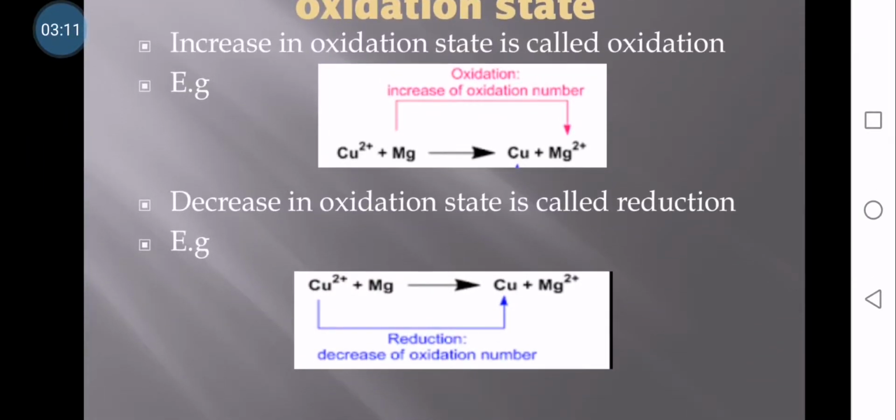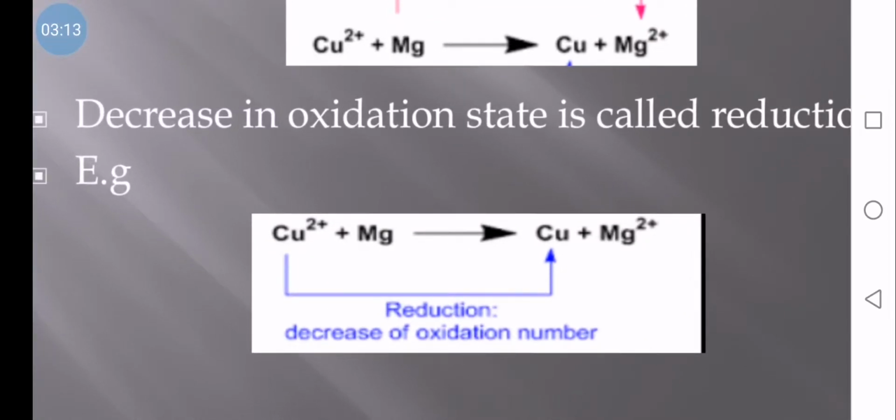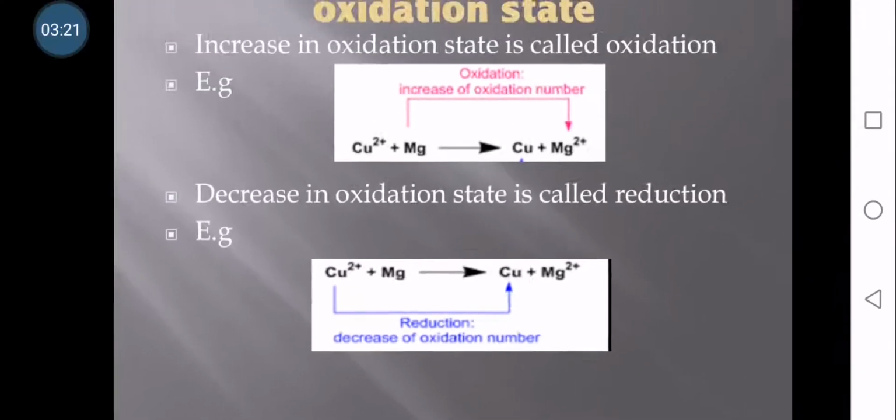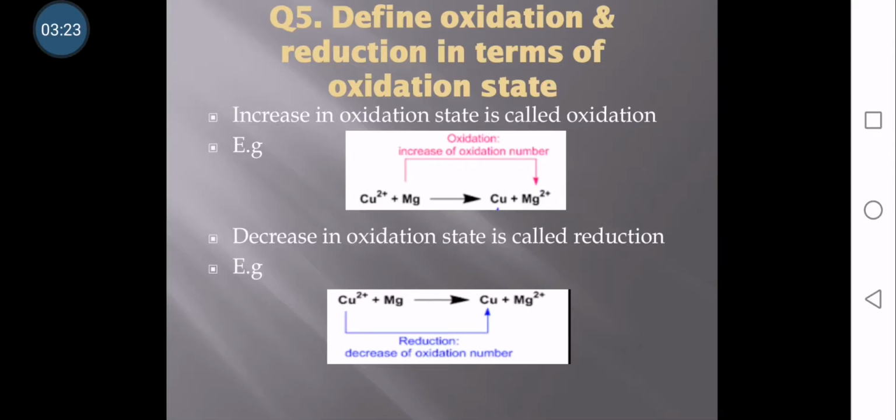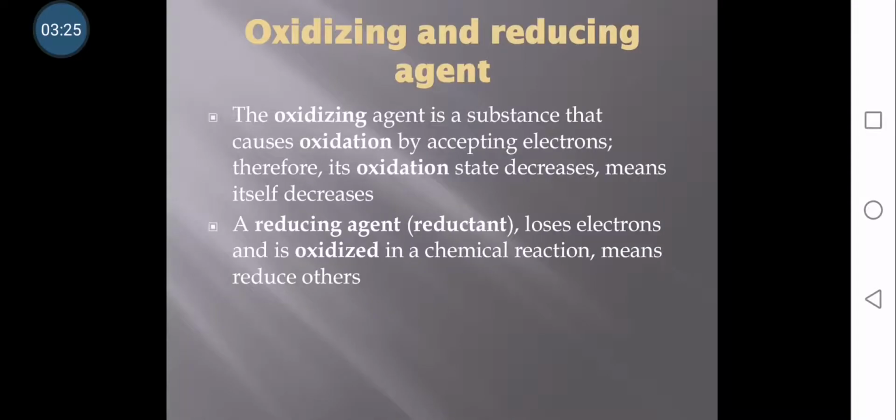Then copper from +2 oxidation state changes into 0, and this is reduction. Decrease in oxidation state, or gain of electrons, is also called reduction.